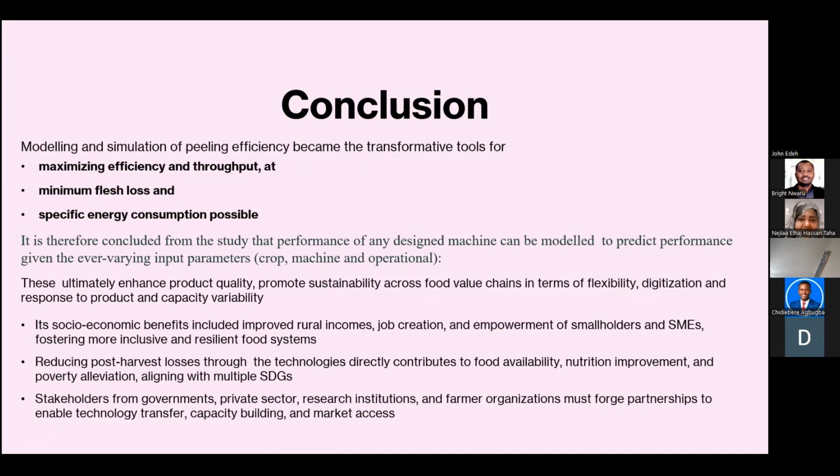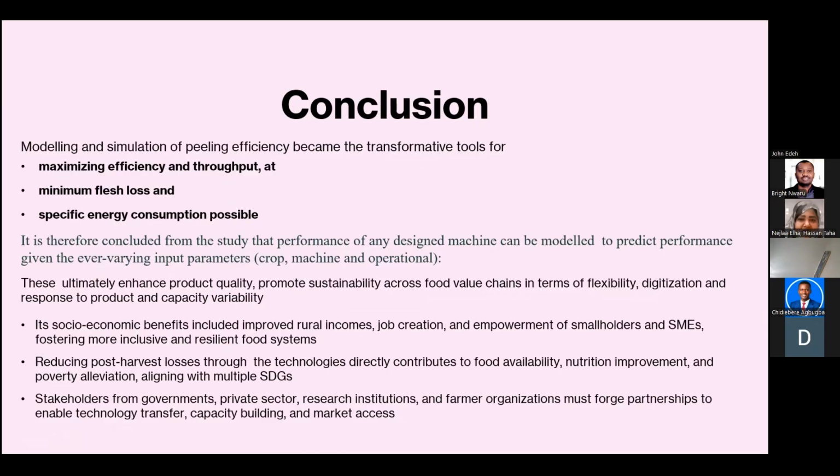Conclusion. The modeling and simulation of peeling efficiency became a transformative tool for maximizing efficiency and throughput at minimum flesh loss and specific energy consumption possible.